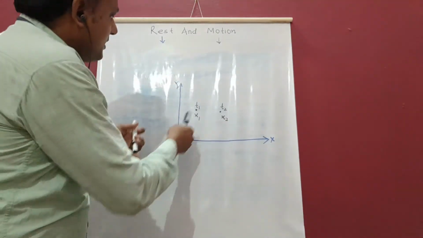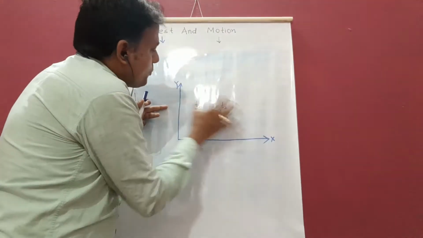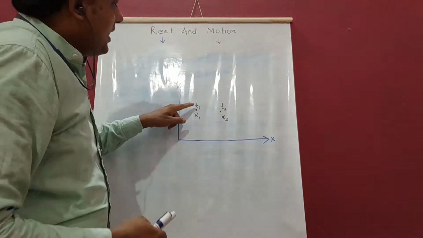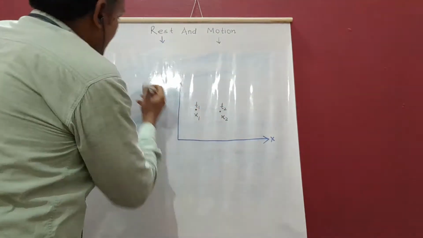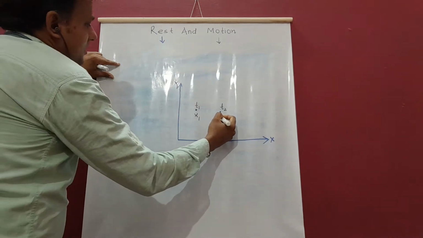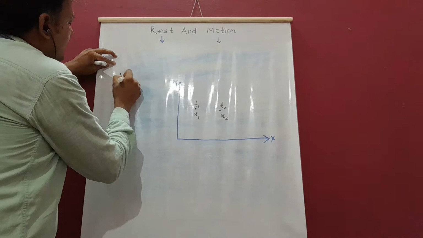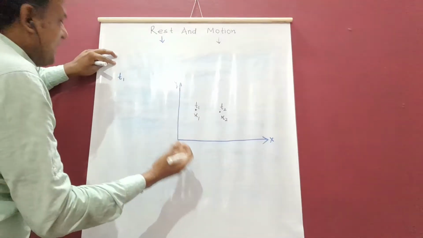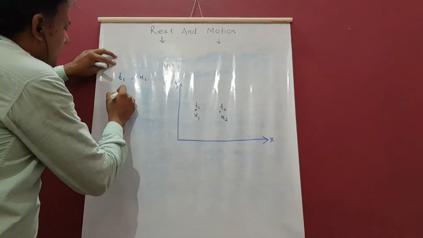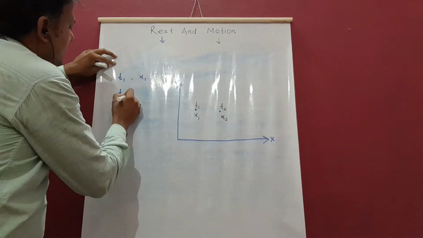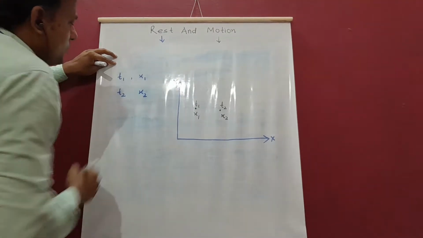That is, if you see the two positions of the object at time t1 and t2 in the diagram, it is represented here that the position of the object at any instant of time t1 is x1, and at another instant of time it is represented by x2.